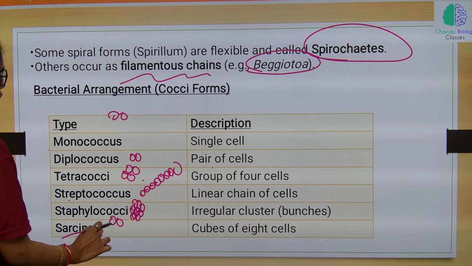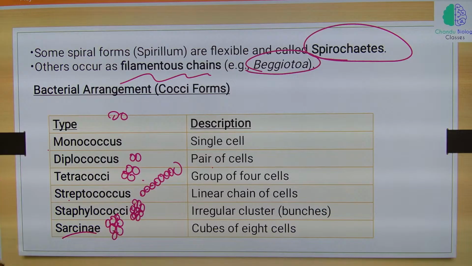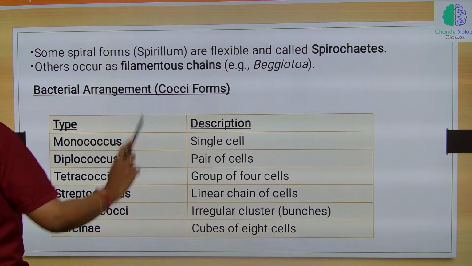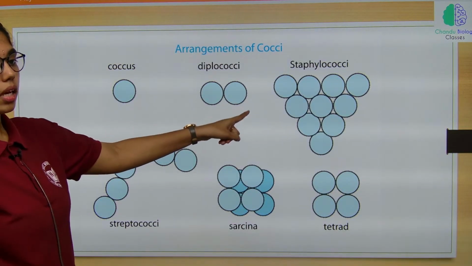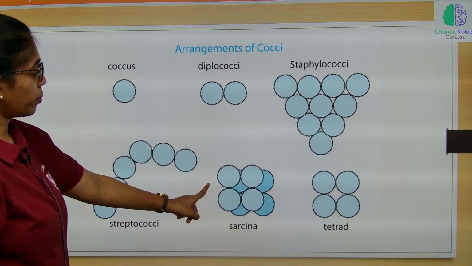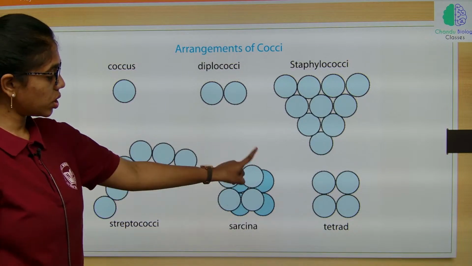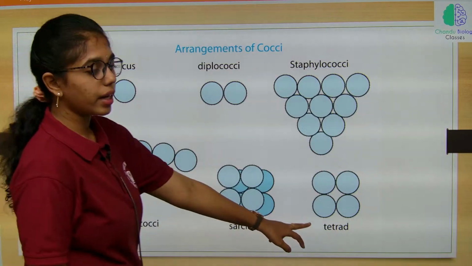These are different types of arrangements in coccus forms. Can you see? Coccus, diplococcus, staphylococcus, streptococci in a linear chain, sarcina a cube of 8, and a tetrad.